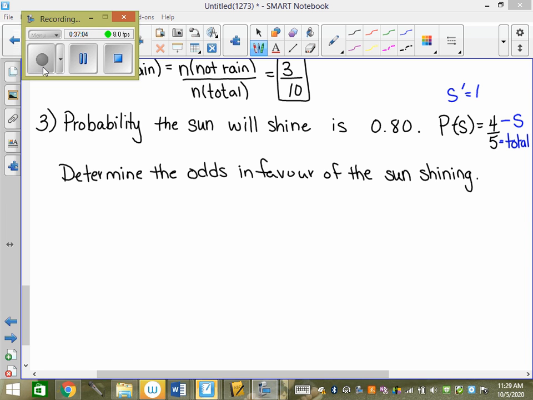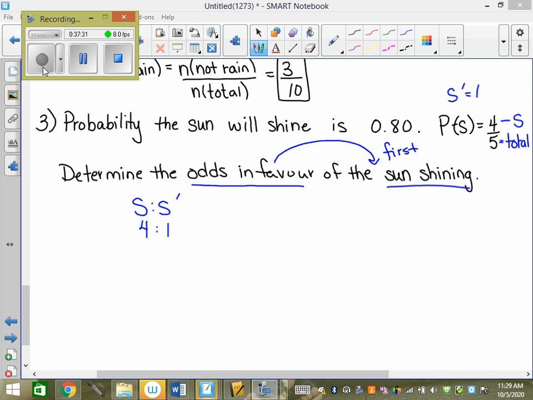We just need to know which represents what. Now I want odds in favor, so whatever comes after it comes first, of the sun shining. So sun shining first, not sun shining second, the sun shines 4, the not sun shines 1. 4 to 1. Okay? Not a hard question if you know how to label. If you can't label, hard question.